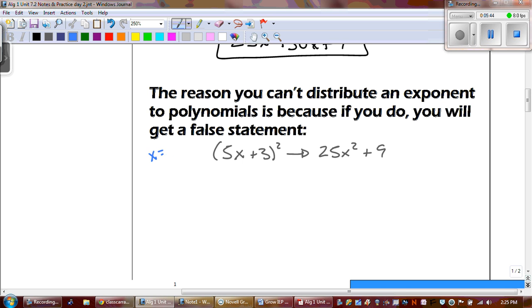Well, I heard someone say, let's let x equal 2. Okay, so here's our original. We have 5 times 2 plus 3 squared. And then the other way that we're going to do this is the 25. Let me change the colors real quick. 25 times 2 squared plus 9.